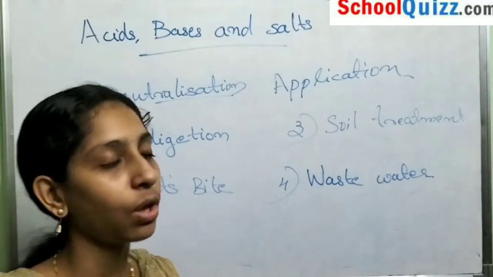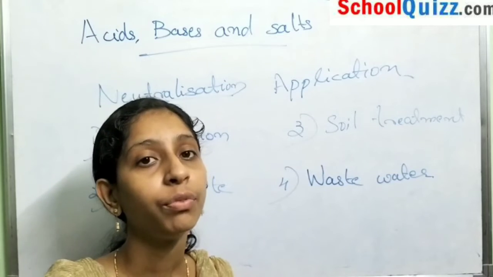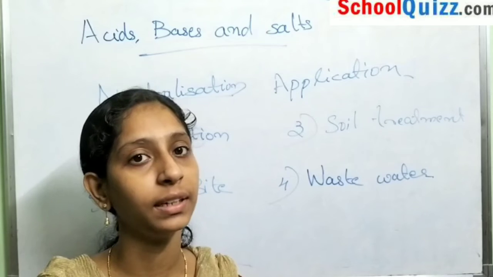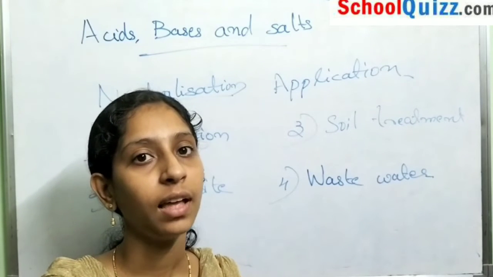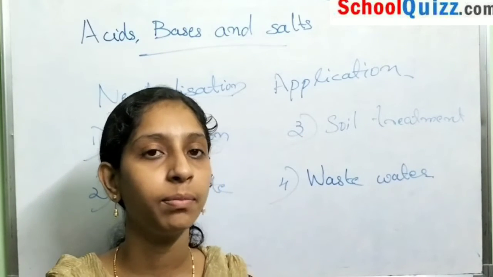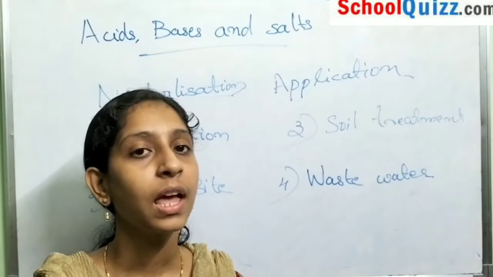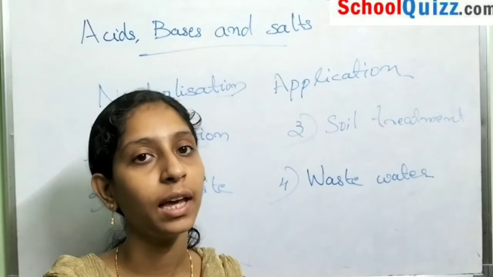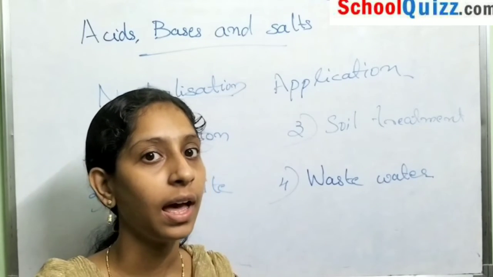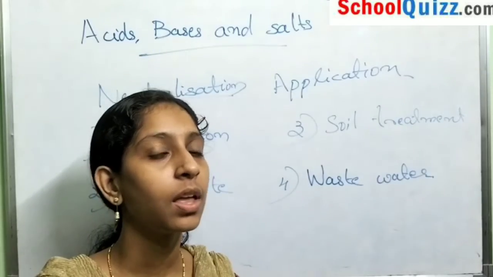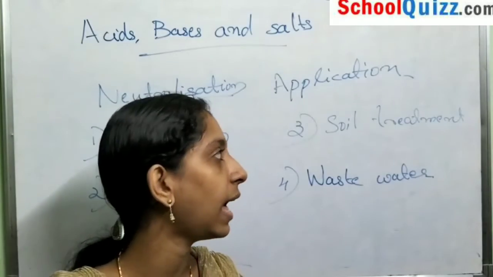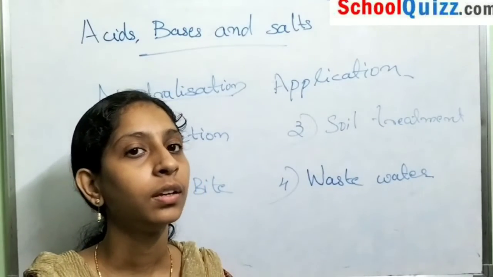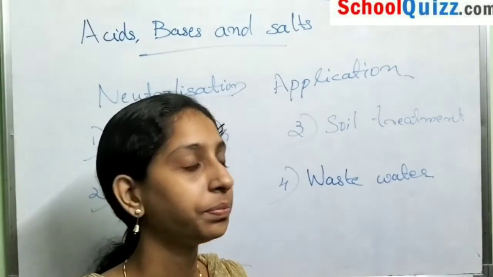In the case of soil treatment, we use many chemicals as fertilizers, so the acidity and basicity may change. When the soil is acidic, we add slaked lime or quicklime to the soil, which reacts with the acid and neutralizes the soil.